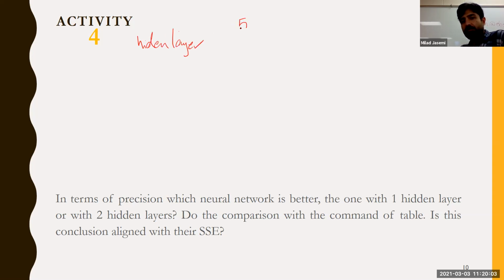One of them was with 5 neurons, the other one with 3 and 4 neurons. Here, it asks you which one is better in terms of precision. Precision for what? For training or testing?